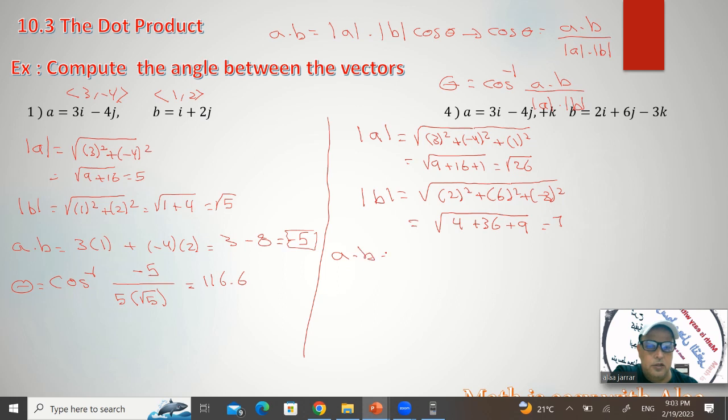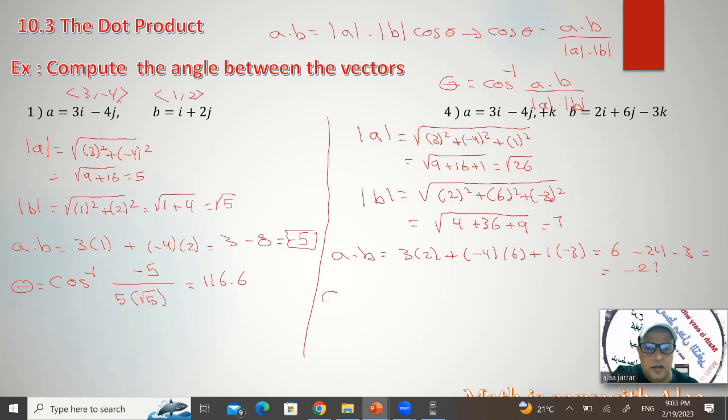Now, A dot B equals, we multiply 3 by 2, then negative 4 by 6, then 1 by negative 3. It will be 6 minus 24 minus 3, which is minus 21.